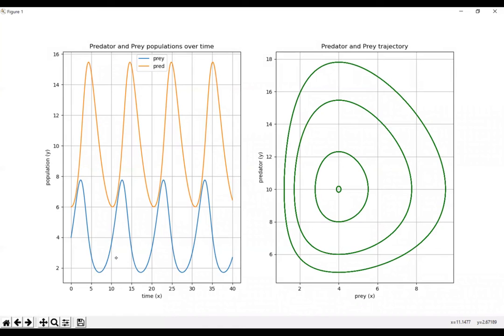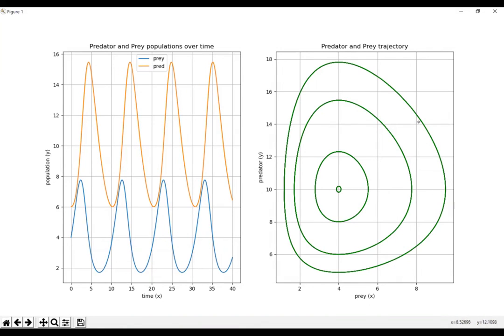Now let us take a graphic on the right. There you see an x-y coordinate system, and the x-coordinate corresponds to the prey population, and the y-coordinate corresponds to the predator population. In fact, here you see different solutions for the Lotka-Volterra system with the same parameters alpha, beta, gamma, delta, but with different starting populations.